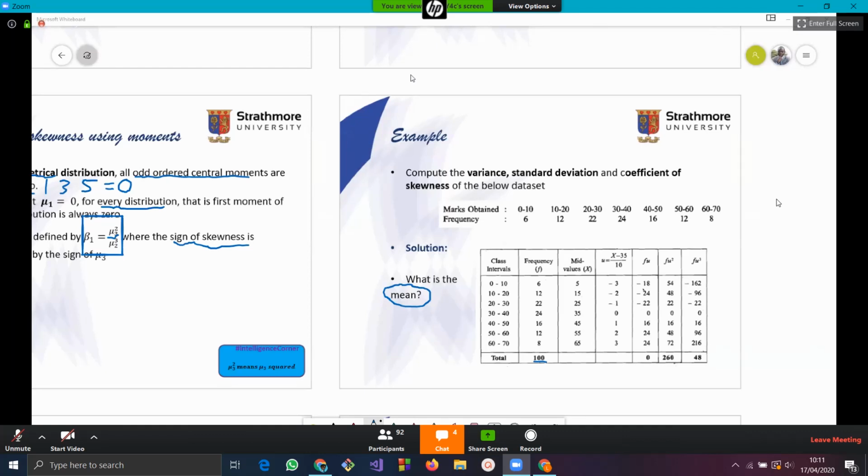Now the problem is that we normally confuse mu and U. That's just a U. We can use a V, a T, a W, just any letter. So for that column, you've done x minus 35 over 10. Why over 10? Please explain that column.